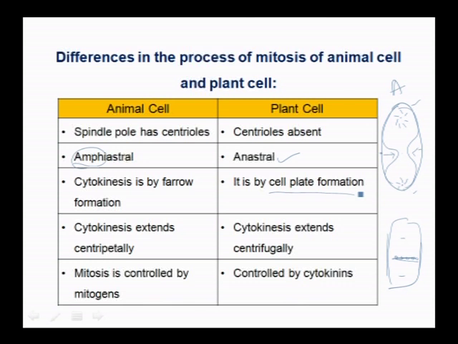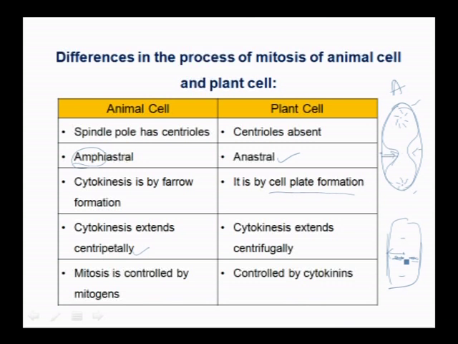Next comes the direction of cytokinesis. Here, cytokinesis in animal cell extends centripetally, whereas in plant cell it occurs centrifugally. Centripetally means from the periphery to the center. So, therefore, it is centripetal. Whereas in plant cell, it starts from the center and moves towards the periphery.